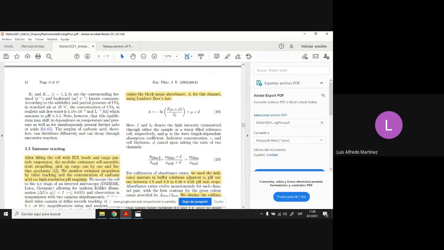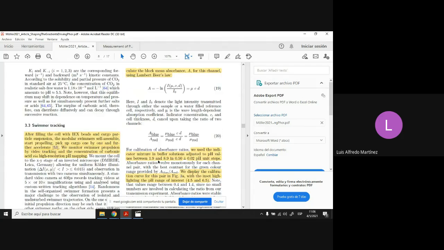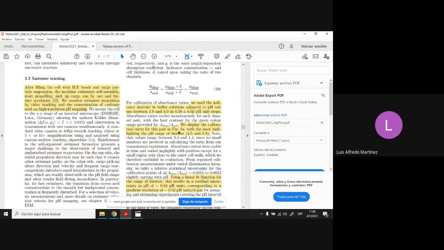If they use a relative absorbance, they can obtain the calibration absorbance ratios and know the pH concentration.